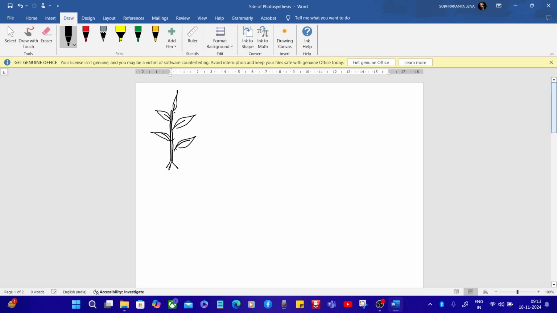Okay, let's say this is the green plant, and these are the leaves, where we are saying that this is the site of photosynthesis.